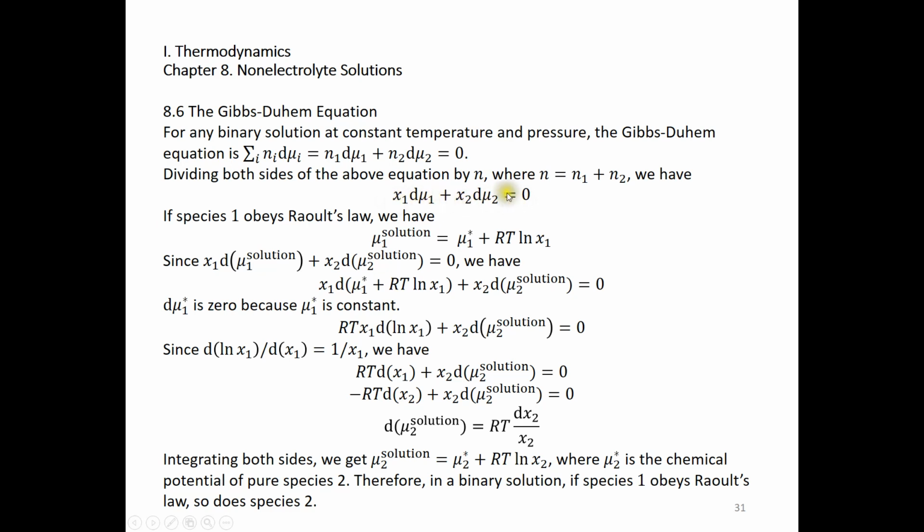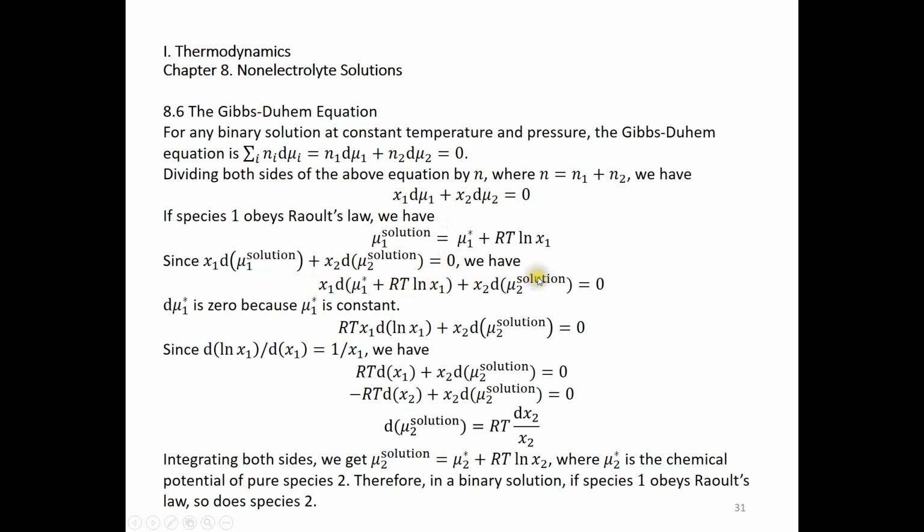We will now use this equation to discover one application of the Gibbs-Duhem equation. So if species 1 obeys Raoult's law, then we have mu1 in the solution equals mu1 star, that means pure liquid component 1, plus RT times ln x1. And since we have x1 times d mu1 in solution plus x2 d mu2 in the solution equals 0, this is the Gibbs-Duhem equation over here, just a different format.